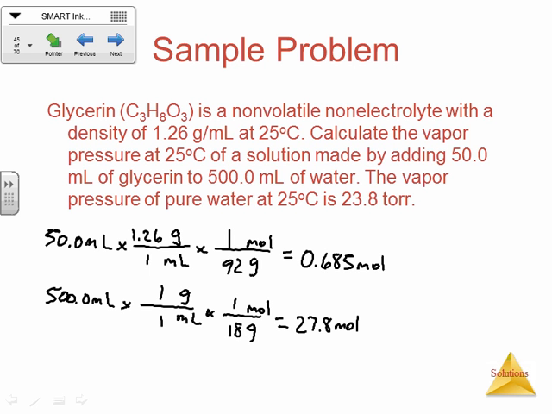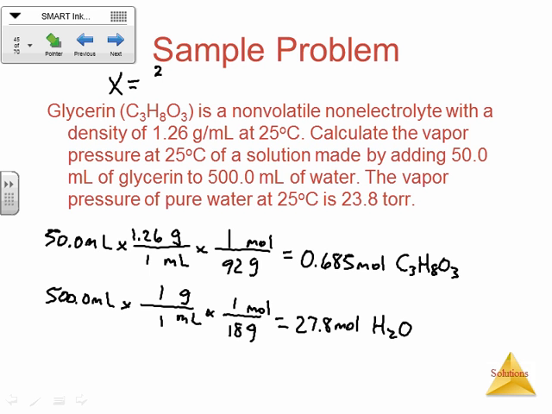Okay, so now what? We know the moles of each thing. Okay, now we need to find the mole fraction of... Okay, and again, here's where you have to be careful, right? We need to find the mole fraction of the water. Now, I didn't label either of these. I should probably do that. This is C3H8O3, and this is the H2O. Okay, so to find the mole fraction of the water, just do that up here.